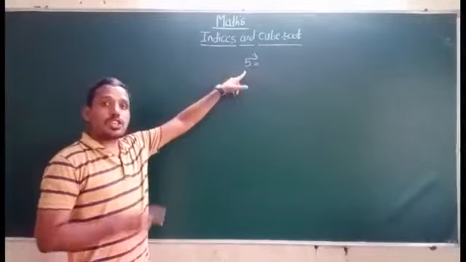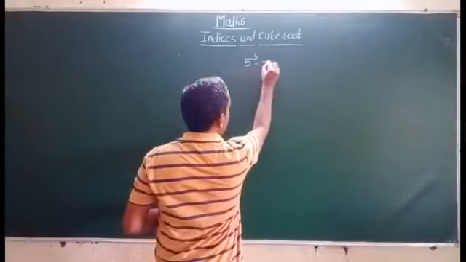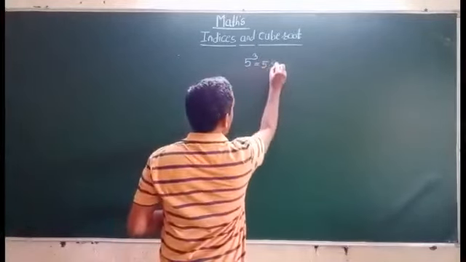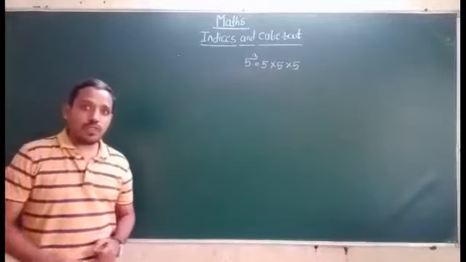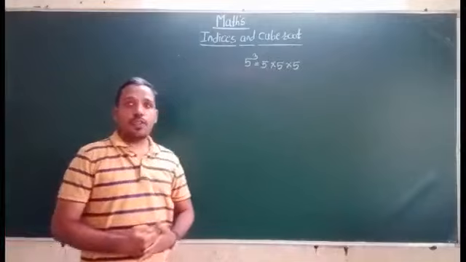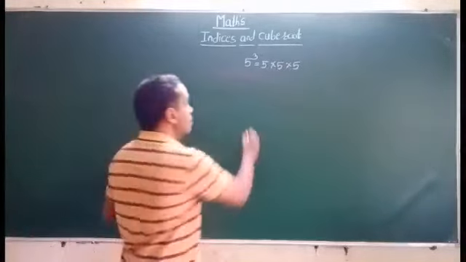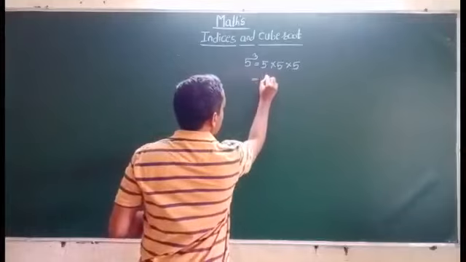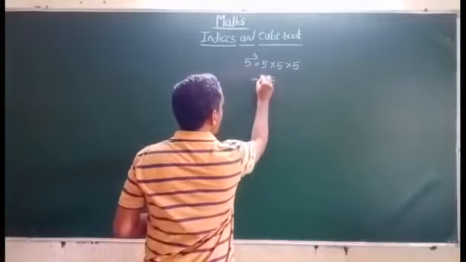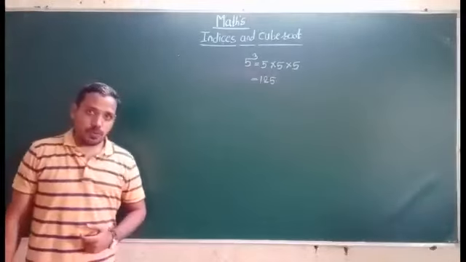When we split it up in product form, we get 5 multiplied by itself 3 times, that means 5 into 5 into 5. When we find the product of those three 5s, we get the answer 125. 125 is the cube of 5.